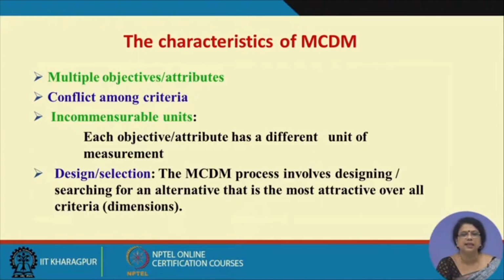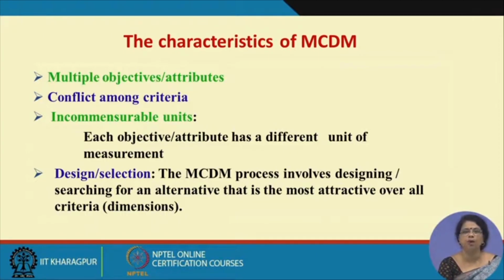Incommensurable means they are measured in different units. If one objective function is measured in meters, another can be in hours, or in kg, and we are comparing all these objective functions, which are incommensurable, in different units, all together. That is the beauty of multi-criteria decision making.